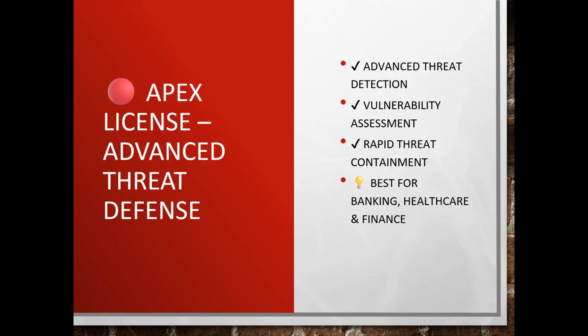This means if malware spreads inside the network, Cisco ISE can quickly identify and isolate infected endpoints. Apex is typically used in banking, financial institutions, government networks, and large enterprise networks. If security requirements are very high, Apex is recommended.